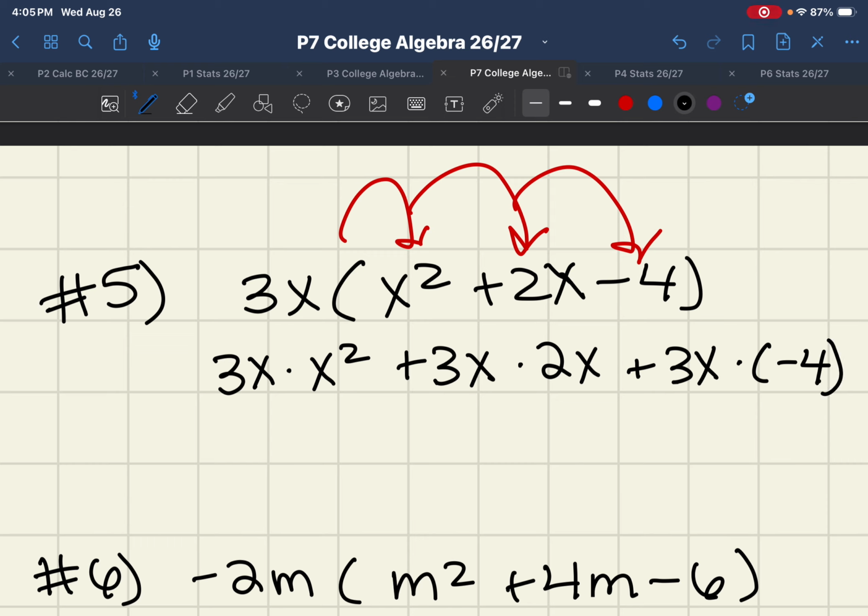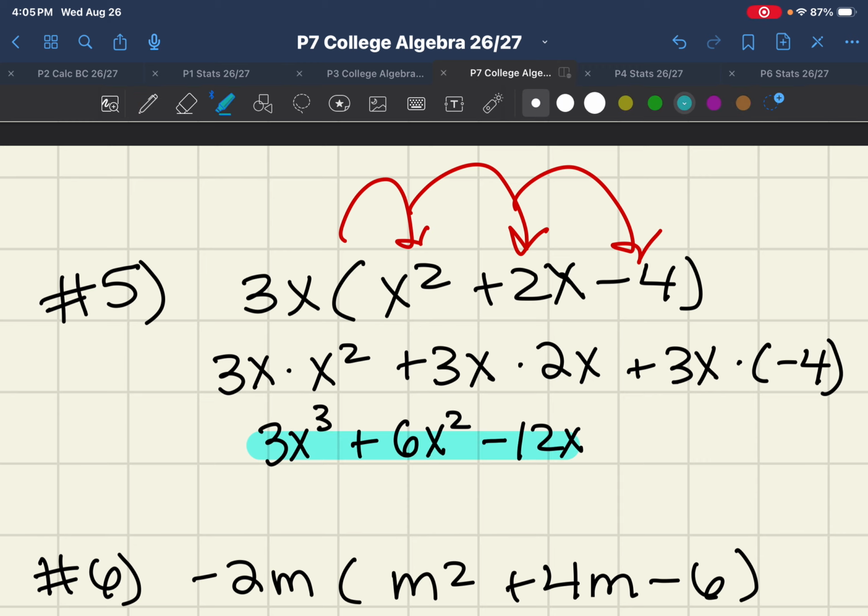Notice how I'm putting that negative 4 in parentheses so it does not get confused with the subtraction sign. So this becomes 3x to the third power plus 6x squared minus 12x, because 3 times negative 4 is negative 12. So this is my answer.